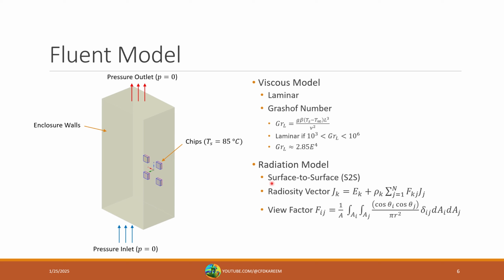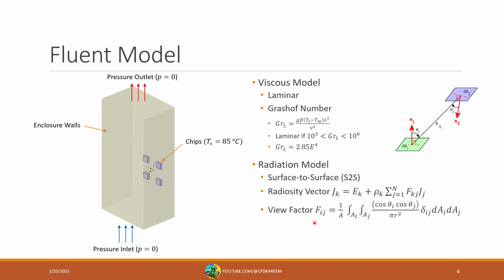We're going to skip over derivation of a lot of the math, but really what's going on here is we're going to calculate this radiosity vector, which is going to be essentially the energy transferred from one surface to another. And to do that, we first calculate this F value, and this F value is referred to as the view factor.